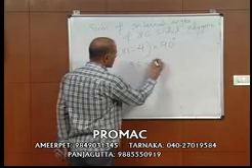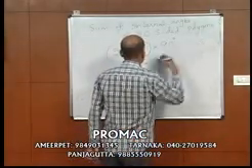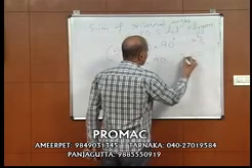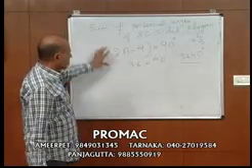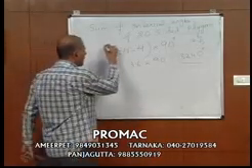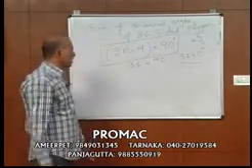So 36 into 90. So simply you can write 3240 degrees.